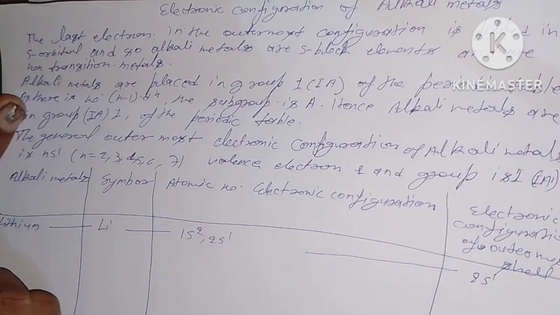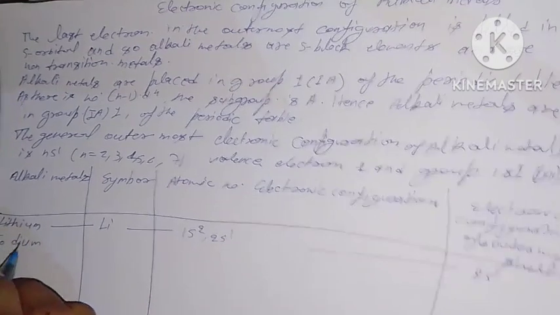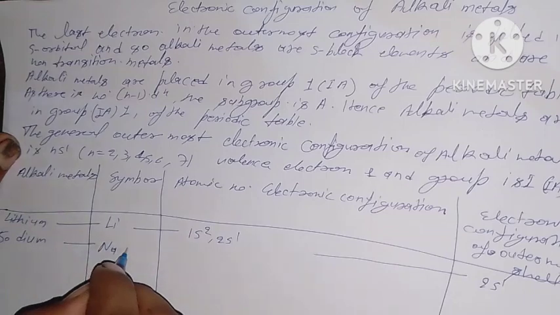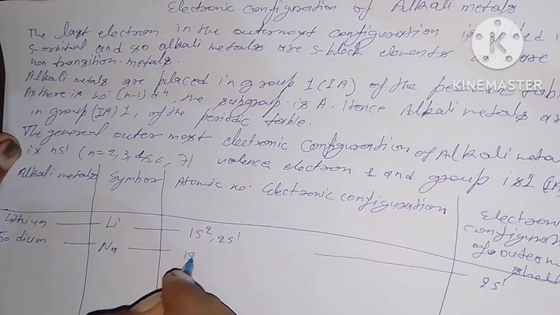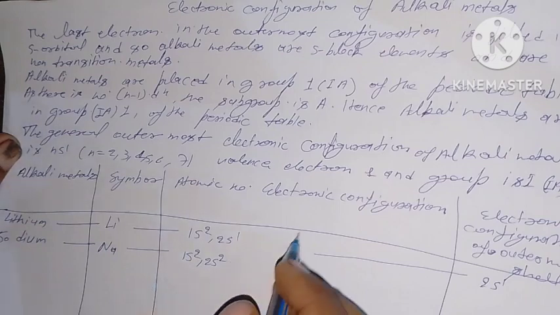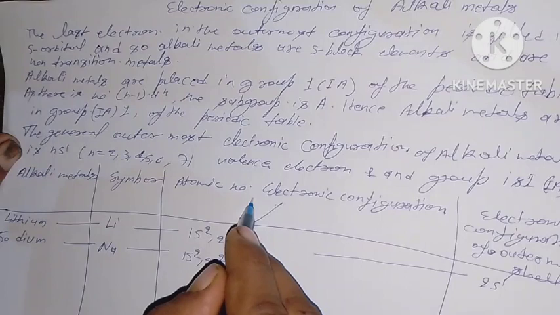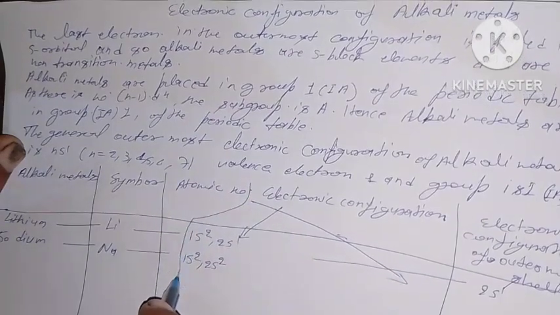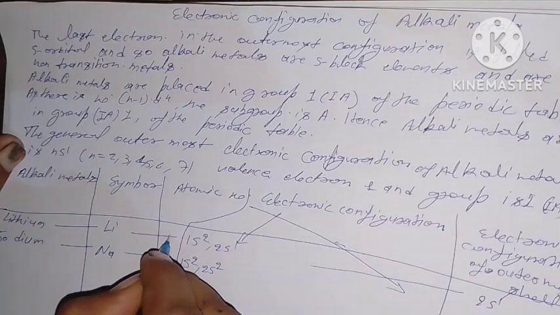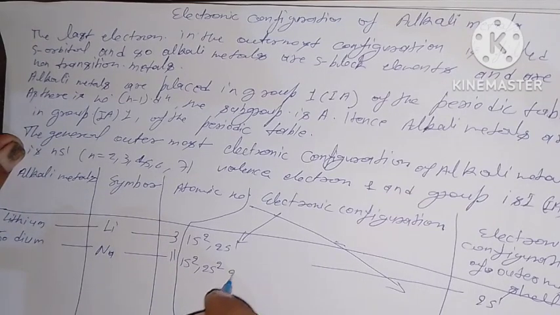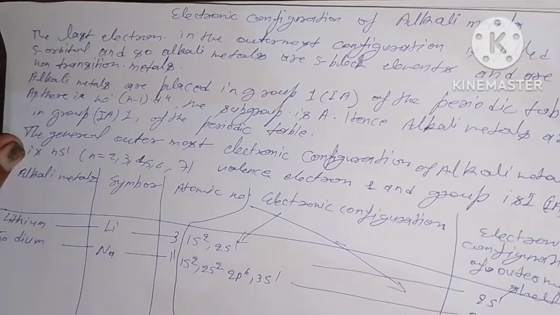Second is sodium, symbol Na, atomic number 11, electronic configuration 1s2 2s2 2p6 3s1, and outermost is 3s1.